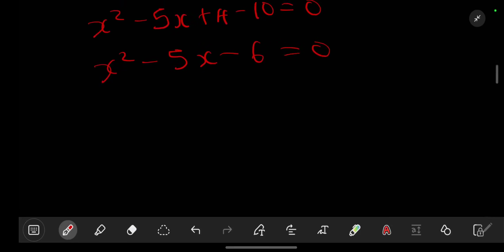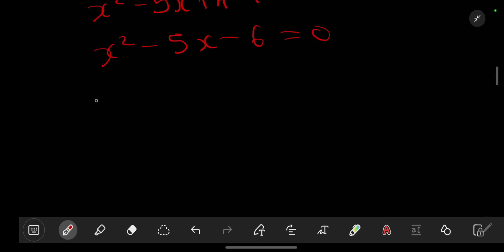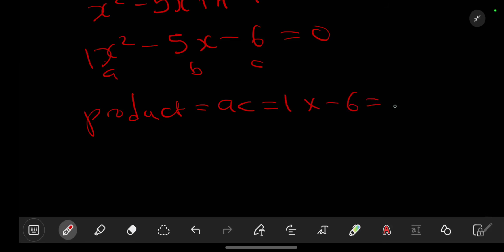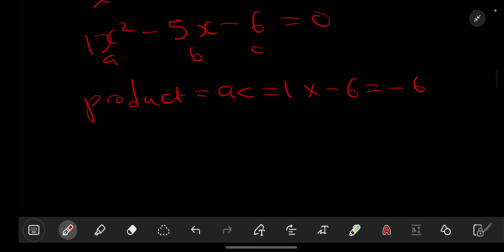So when we reach this stage, what we are going to do is find our product. Our product should be equal to AC, which is A, B, C. So multiplying AC, we have the coefficient of x squared is 1 times our negative 6, which is equal to negative 6, like that.